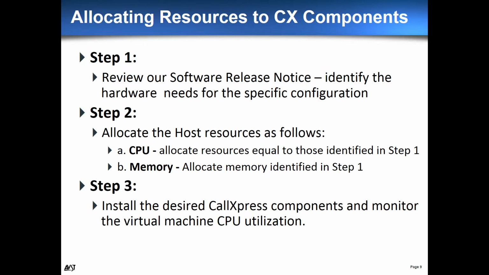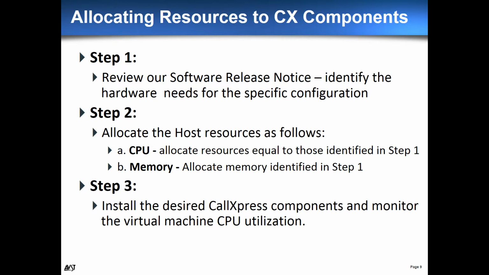Now, if you look at this slide, the concept would be, in order to configure the VMware host, you'd first review our software release notice for the software version of CXC that you were running. And from there, you could identify the hardware requirements in terms of processor and memory needed.